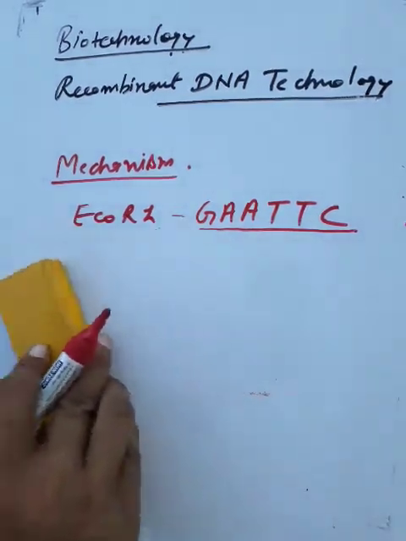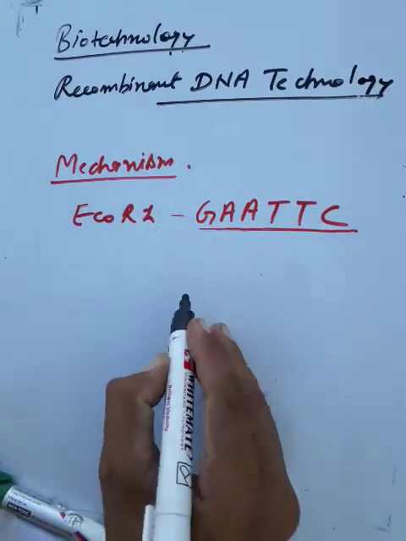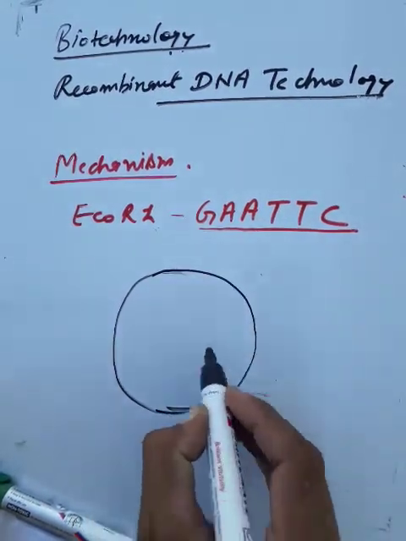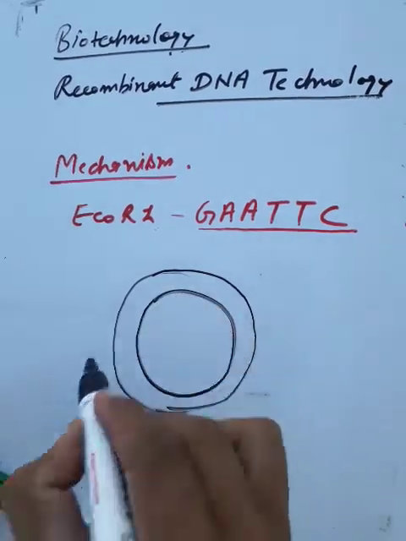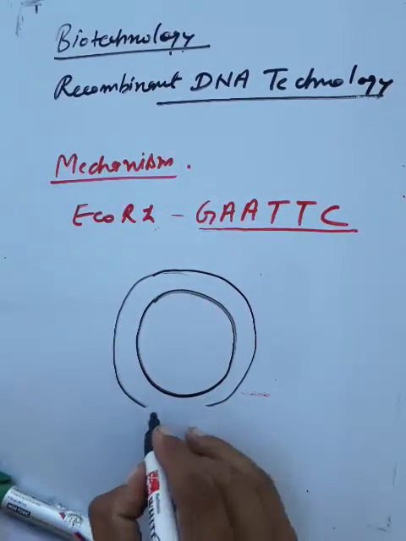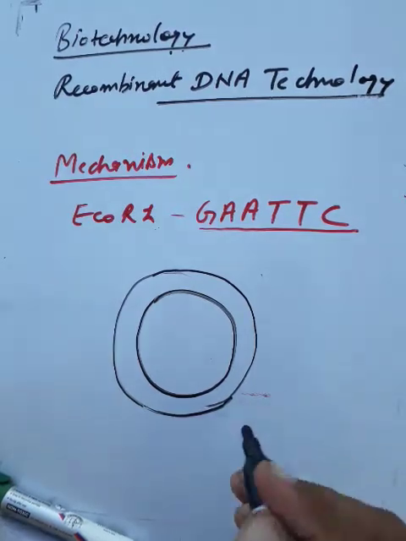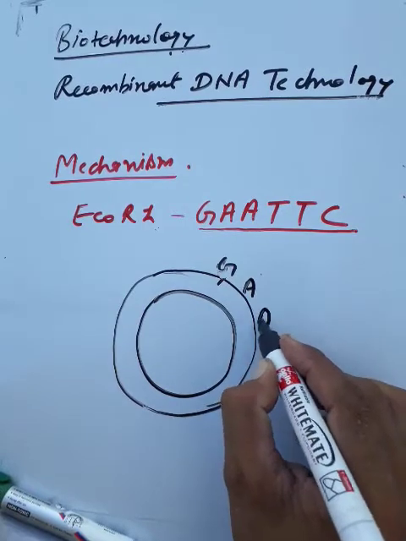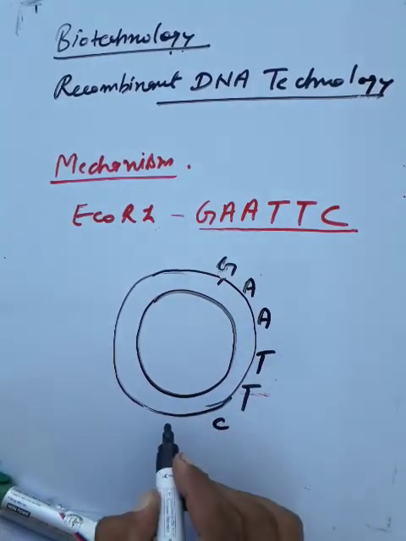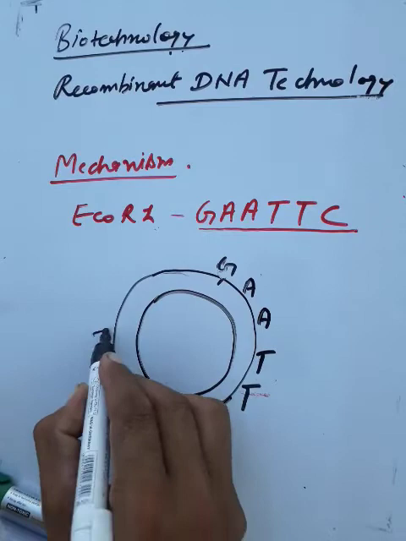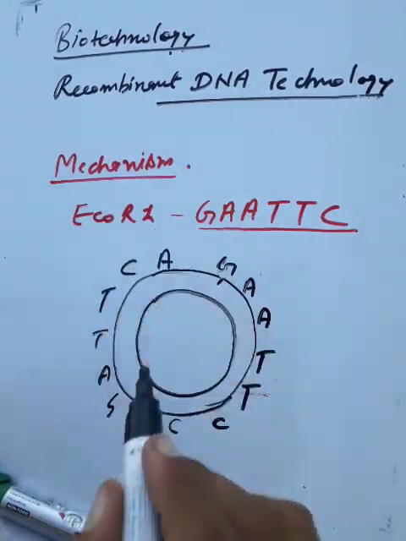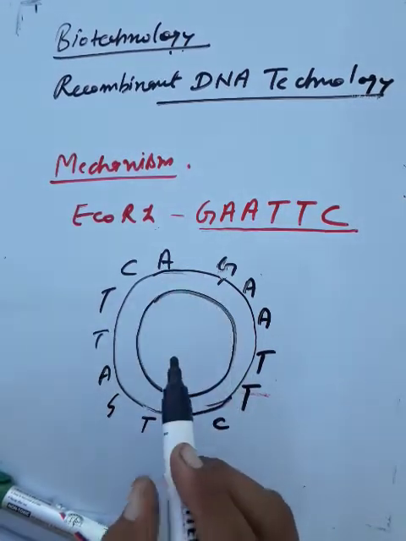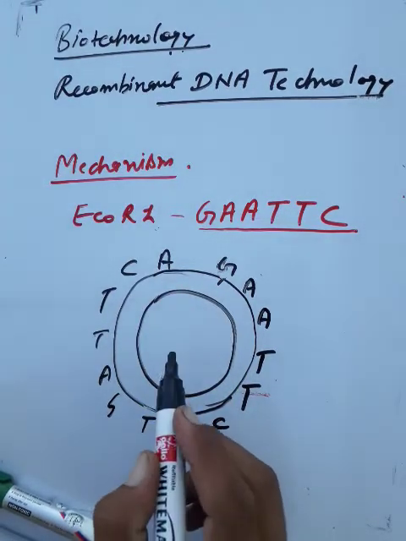For example, there is a DNA segment, a circular type of DNA, and it has a specific sequence of nitrogenous bases: G, A, T, T, C, C, T, G, A, T, T, C. These nitrogenous bases are present in the genetic structure of DNA.